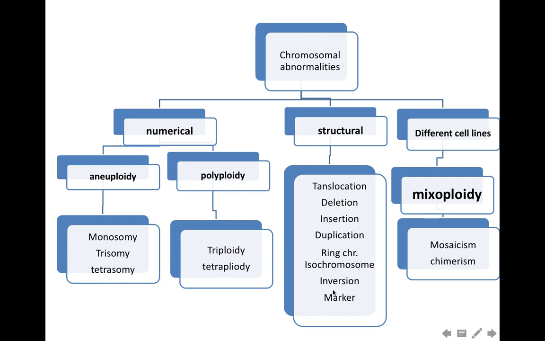I will just mention to you here that the marker chromosome is a chromosome which is structurally abnormal, but you cannot identify with the G-banded karyotype its exact nature. It results from translocations between different chromosomes, and so the exact nature of which is not known, and therefore it is called a marker chromosome.